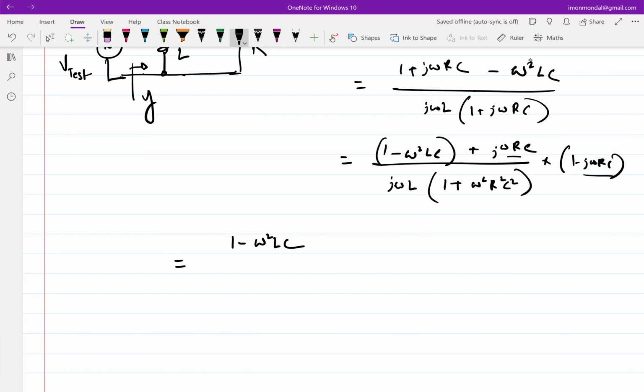So I get plus omega square R square C square, plus j times omega RC. And what else?